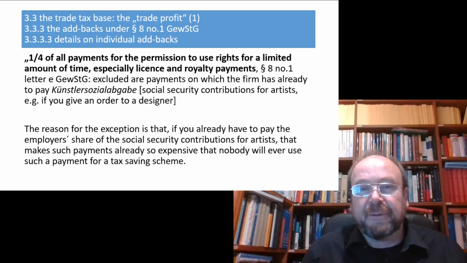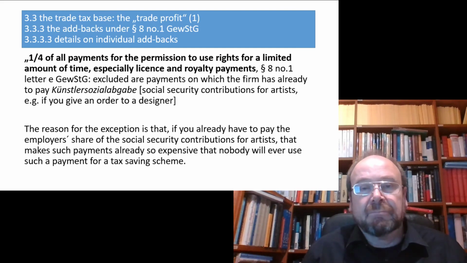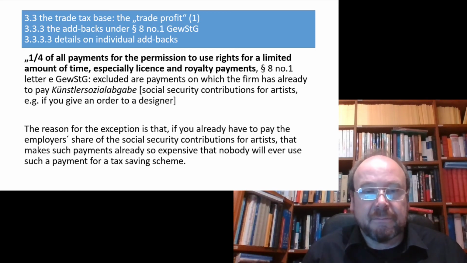Well, if you pay for a right to use it for an unlimited period of time, then you have bought that right, and the purchase price, that is not a problem here. There would be just depreciations and so on, then you can't pay lease amounts or license fees for that right. So only a license fee, a current payment per year or so, is meant here.